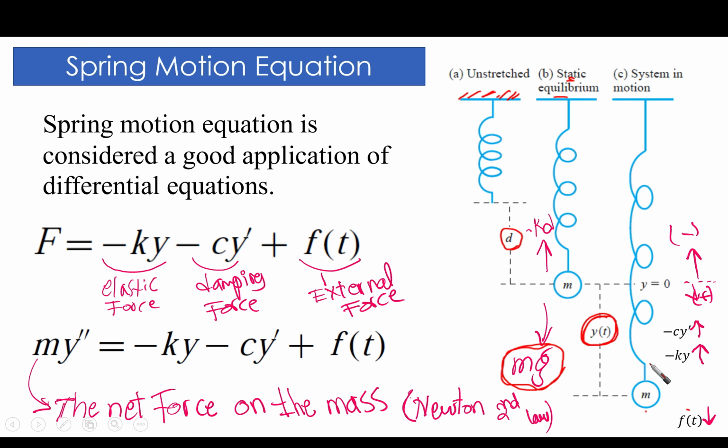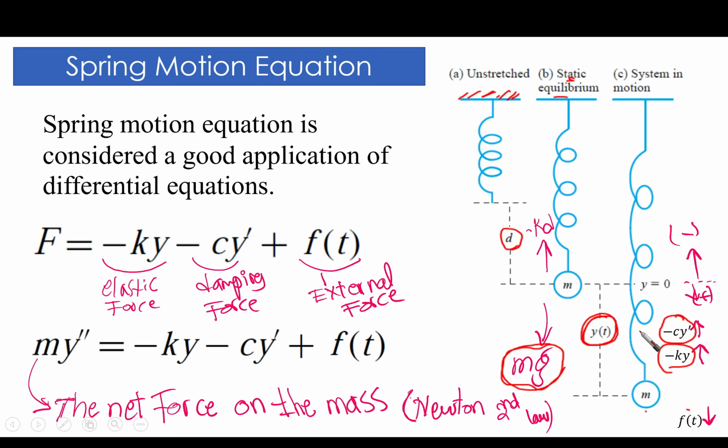In this case, let's assume what the forces on this object are now. We have the external force F of t, which is heading downward, and we have the spring stiffness force, which is heading upward, so it's minus. And we have another term, which we call the damping term, or the damping force.